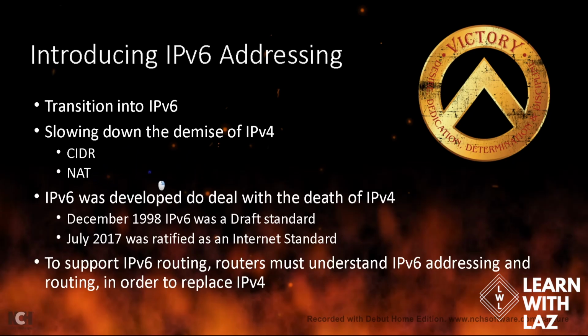They came up with NAT, right? The public addresses are the issue, right? Because we know now that there's private addressing. There's private IPv4 addressing and there's public IPv4 addresses.